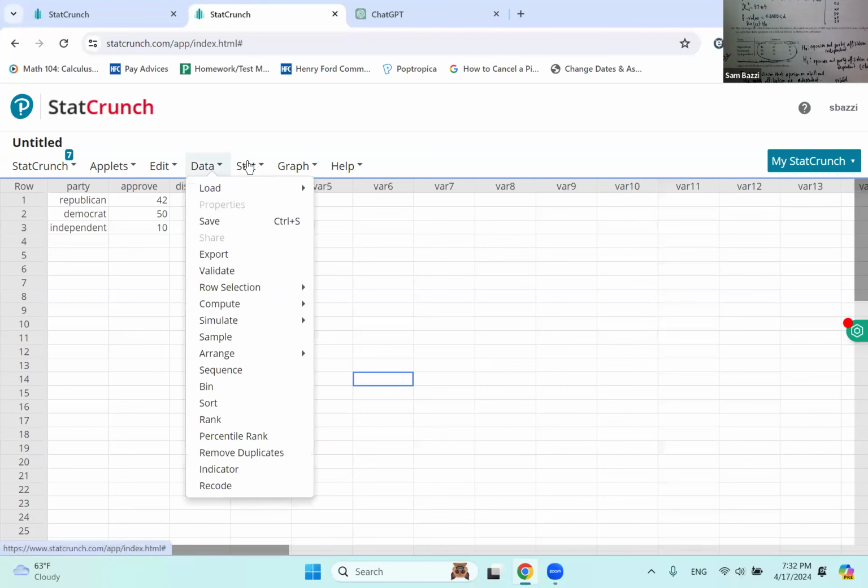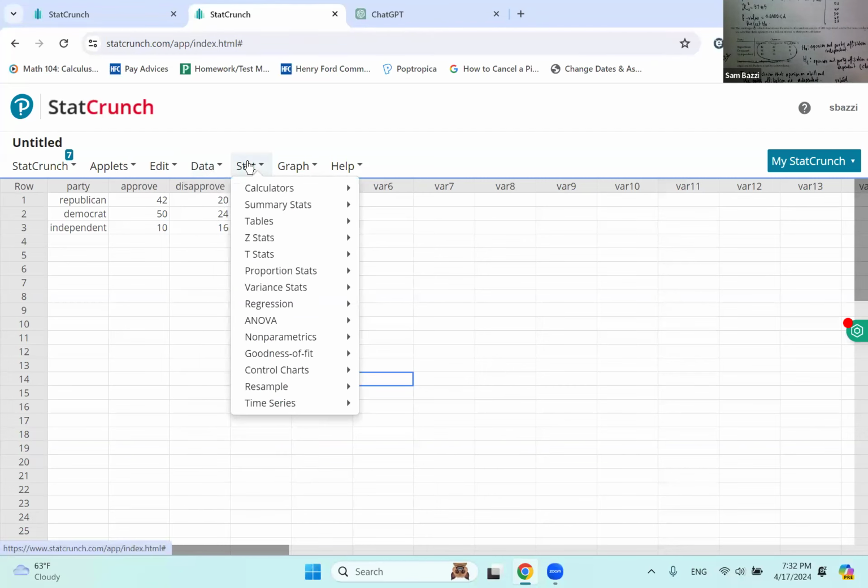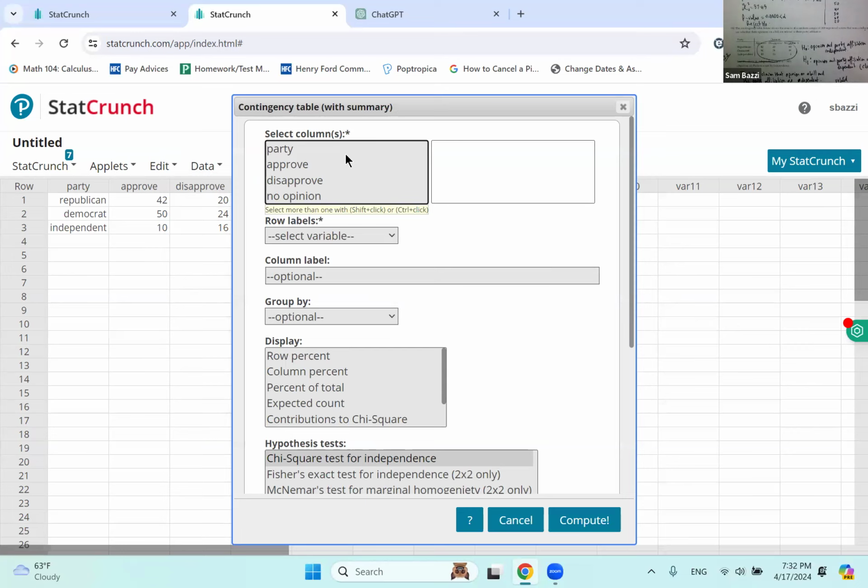You go to stat. Please pay attention, guys, to this one. Tables, contingency table with summary. Now we need to select the columns. I have 3 columns: approve, disapprove, no opinion. This is how you select them, guys. I'm gonna press down and hold the control key.